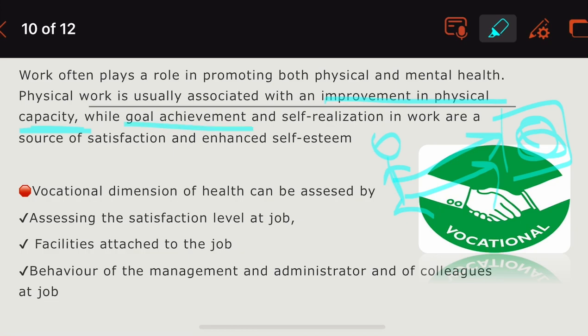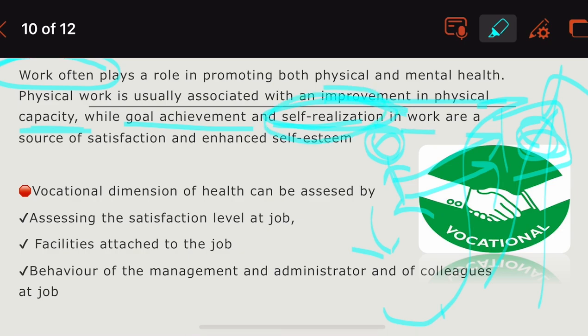Goal achievement, self realization, his worth: okay, now he got promoted, now his self esteem rises up, his self actualization goes high, he sets higher goals in his life. So work plays an important role in self realization, self actualization, and is a source of satisfaction, and it also enhances the self esteem.